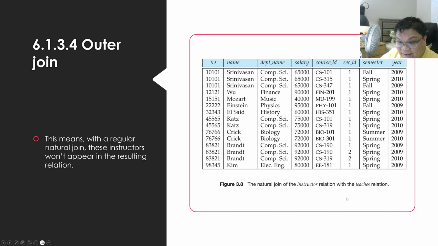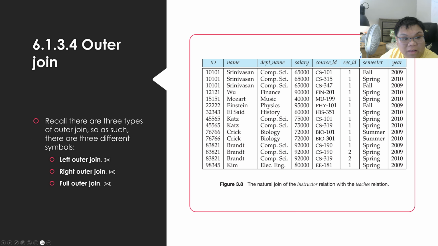We want to mimic that using only relational algebra expressions and whatever operations we've defined along the way. There are three outer join operations: left outer join, right outer join, and full outer join. They are represented using the bow tie operator with wings on the left, or on the right, or on both sides. So this is the natural join of instructor and teaches, but it's missing those three instructors: Gold, Califieri, and Singh.